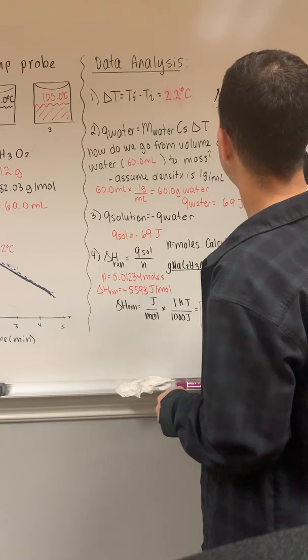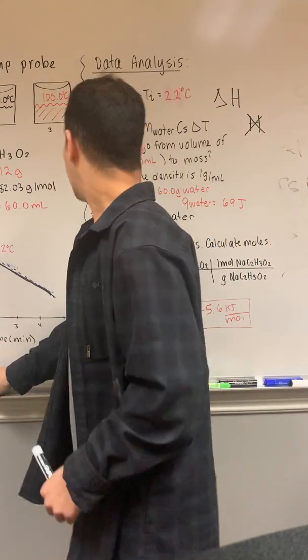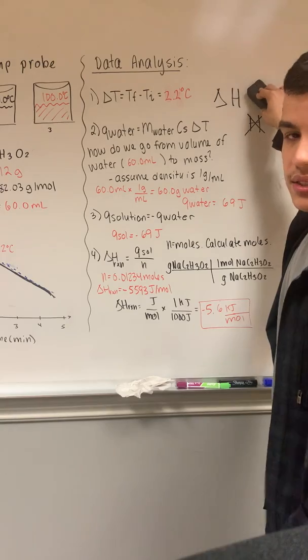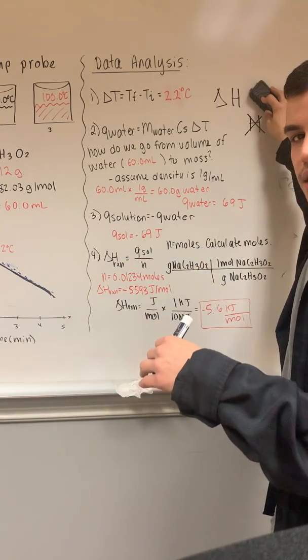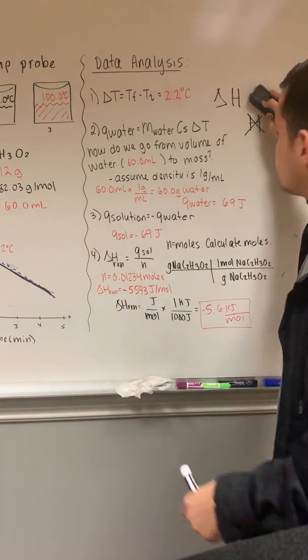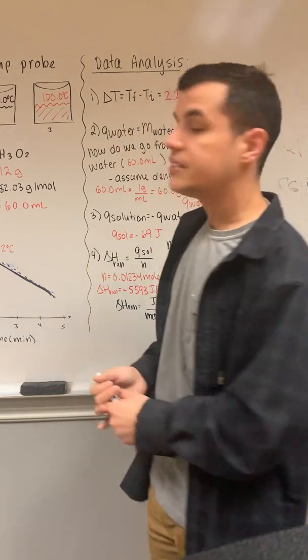You will never see H by itself because enthalpy is a parameter that depends on the initial and final state. So it's not like a value that's specific for something. You will never see it without the delta. H is a state function.